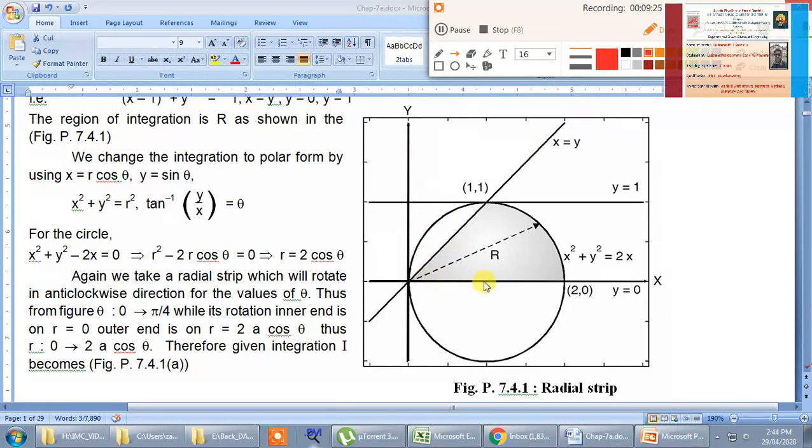This circle has its center at (1, 0). Note that if this is (1, 0), obviously this will be (2, 0), because that will be the diameter. The radius is 1, the diameter will be 2, so this will be (2, 0). So draw a circle of radius 1.